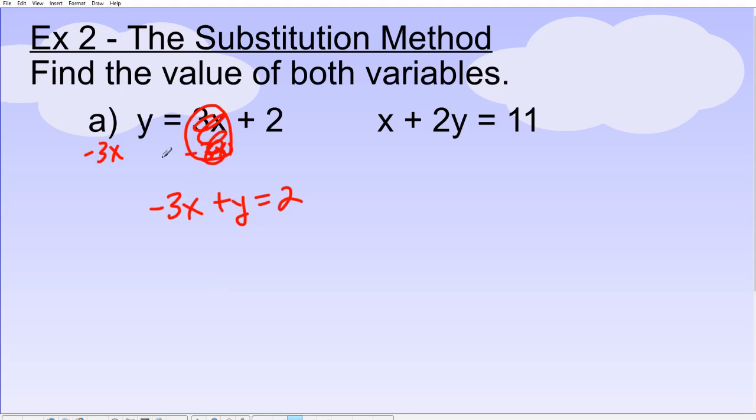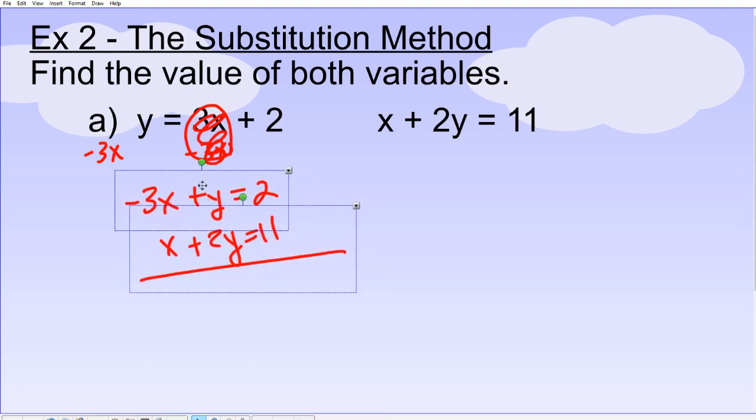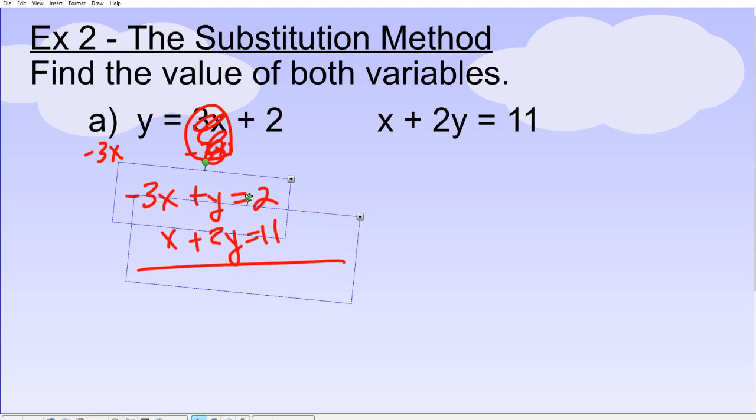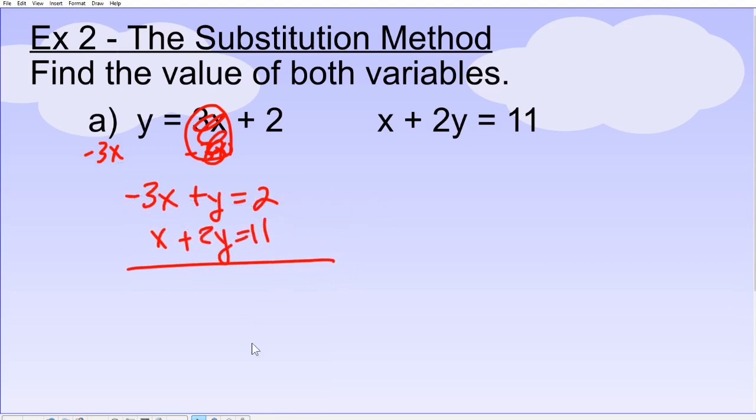I'm going to bring down my other equation: x plus 2y equals 11. And now they are set up to solve using the elimination method. The variables are all lined up. Do any of my variables have the same number in front? No. Can I get them the same number in front?